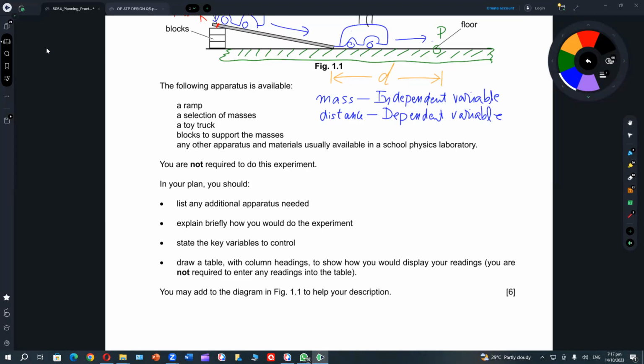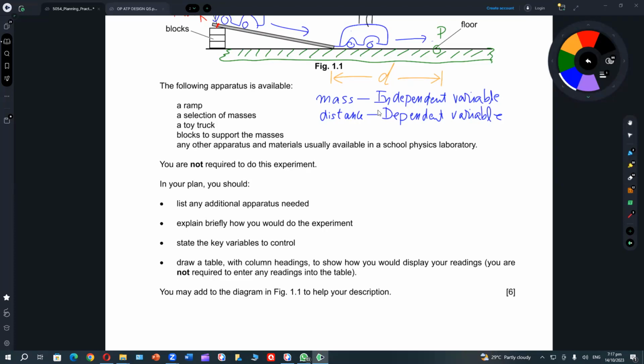And because we have to change the distance, we have to change the mass. Something which you are changing yourself is called the independent variable, and something which is changing according to it is the dependent variable.